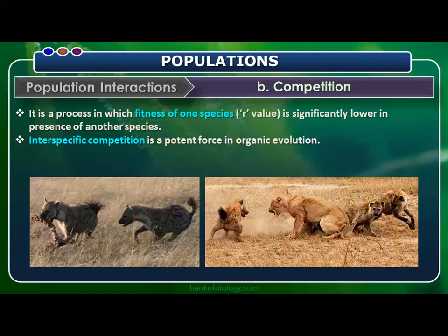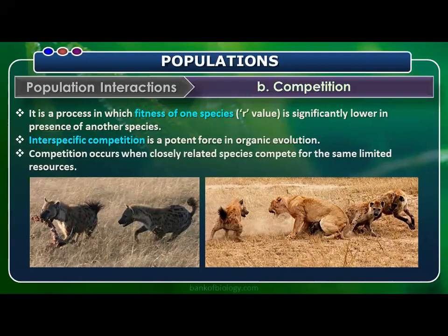So now the justification came: interspecific competition is a potent force in organic evolution. Because of this competition, organisms keep improving over millions of years. When you compare a tiger from some 10 million years back with the present one, it is definitely much improved. Why? Because the prey is improving, so the predator also needs to improve.